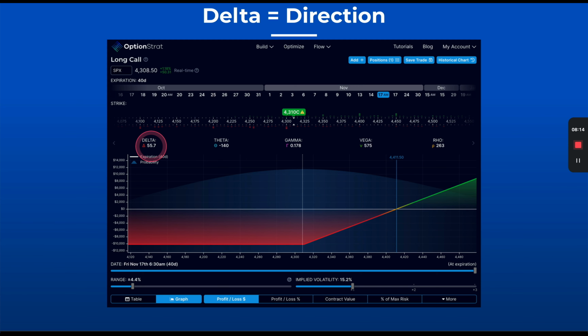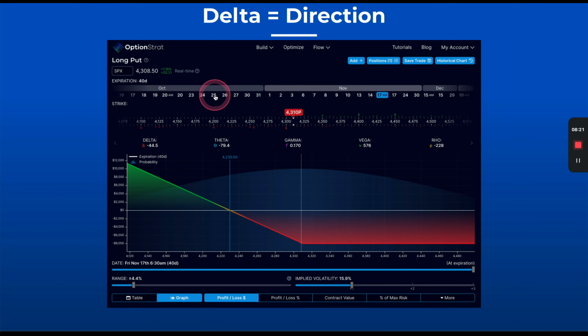Now, at that same rough time in the market that I captured this image, here is a long put. Again, a 4310 long put, and we're trading at 4308. Well, that's a negative delta. So again, just note the difference here, that the delta is measured differently depending on whether it's calls or puts.